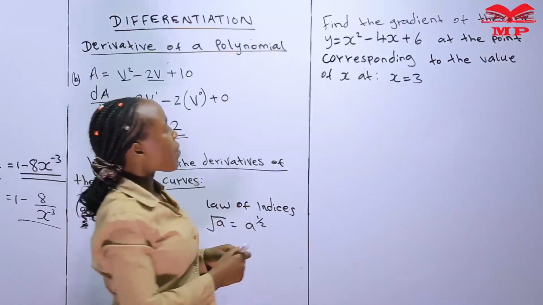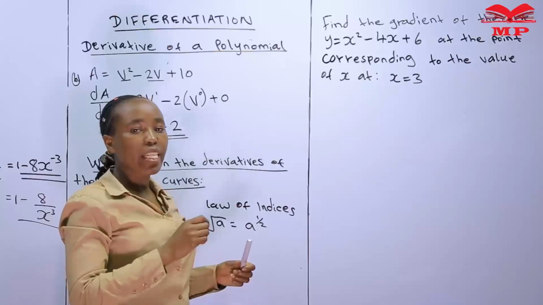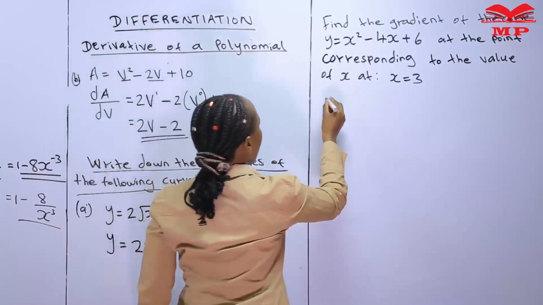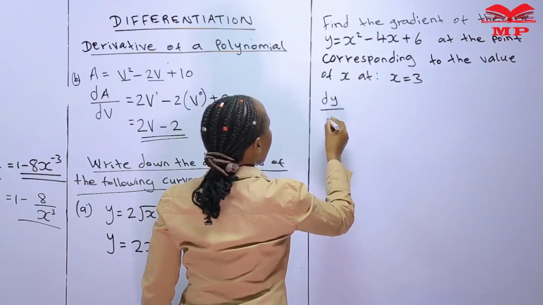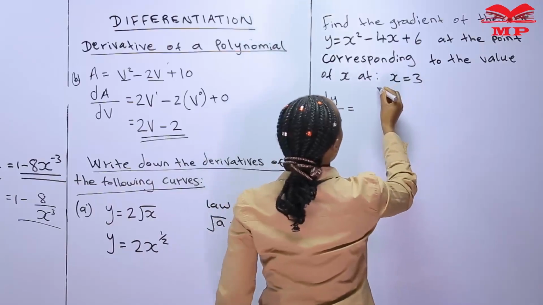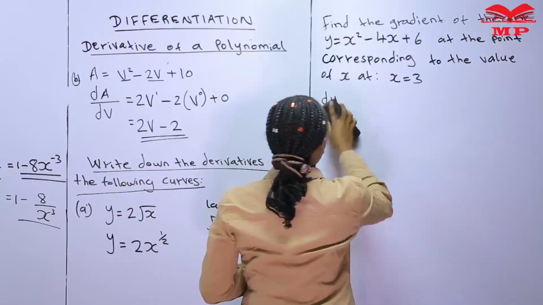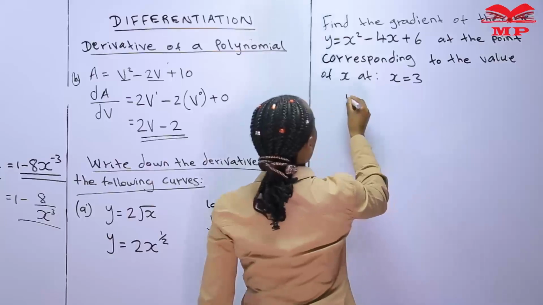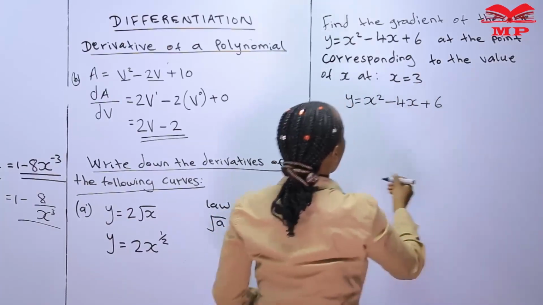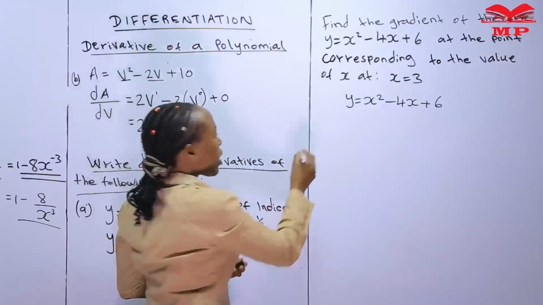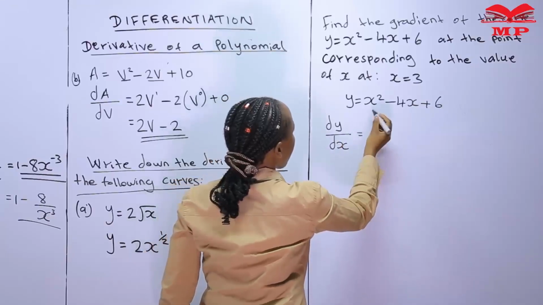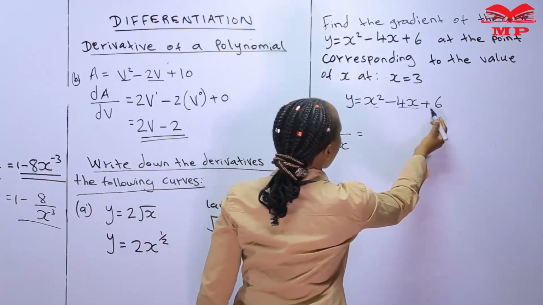So we are finding first the gradient of the curve, and when we are finding the gradient of the curve, it is simply finding the derivative. Therefore we start by finding the gradient, which is our derivative dy all over dx. We can start by writing the equation y is equal to x squared minus 4x plus 6, and therefore when we want to find the derivative dy all over dx, we differentiate the terms separately.